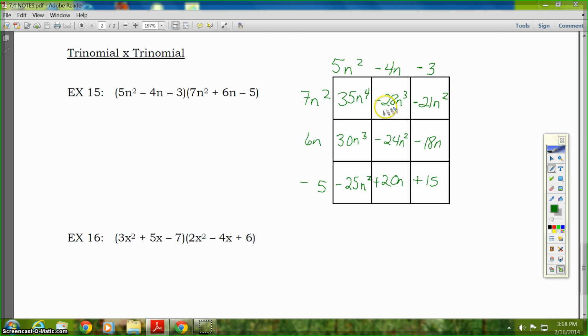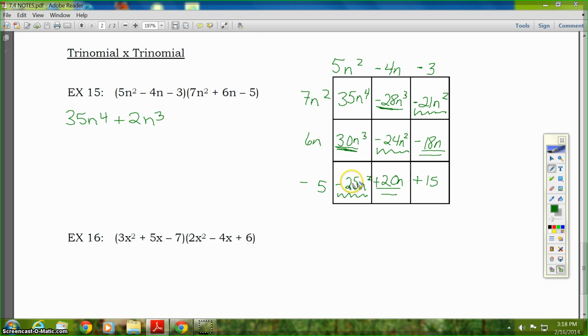And again, I want to go ahead and combine my like terms, and what you'll notice is that my like terms are typically on the diagonals. So here's my squares, and those are along the long diagonal, and then I have my n's, and those are along a diagonal as well. So then I can combine like terms. So I get 35n to the fourth plus 2n to the third.